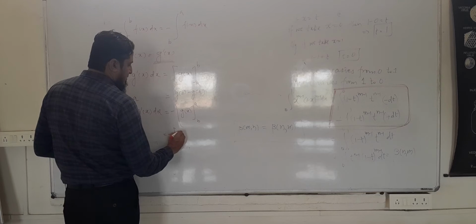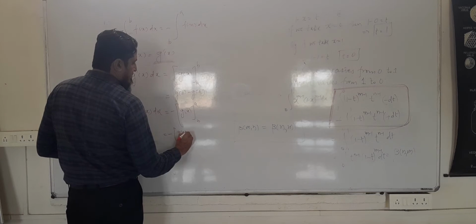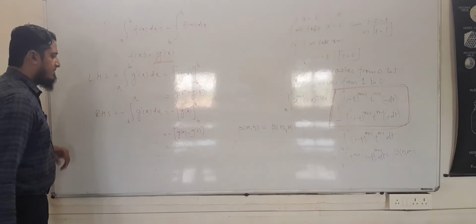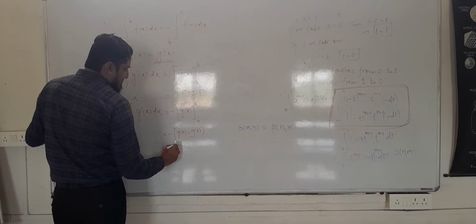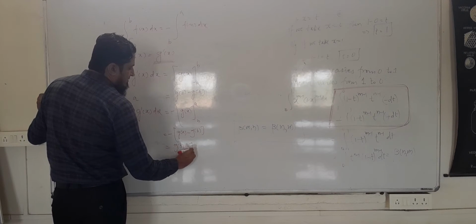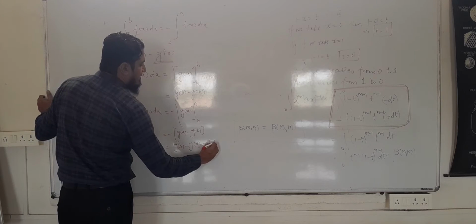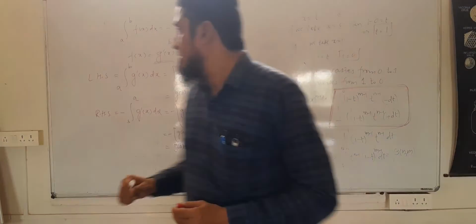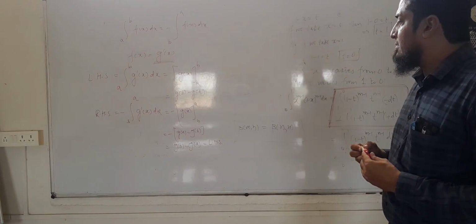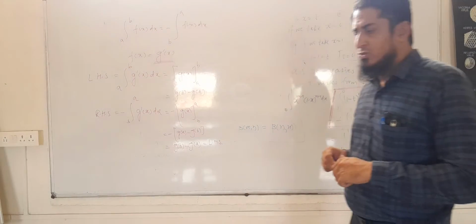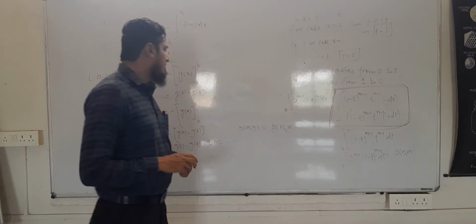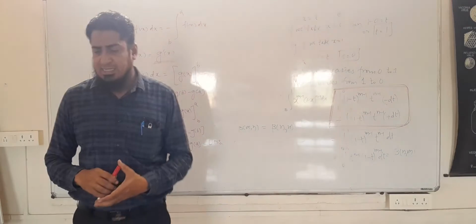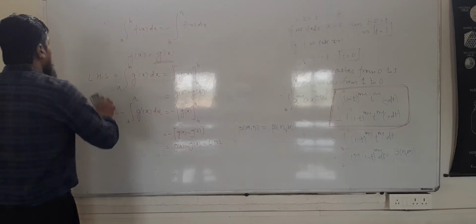Now g of a minus g of b, and after taking the minus of this, we will get g of b minus g of a, which is equal to the left hand side. So we can interchange our limits of integration. So we have proved beta m n is equal to beta n m, or we can say that beta is a symmetrical function.